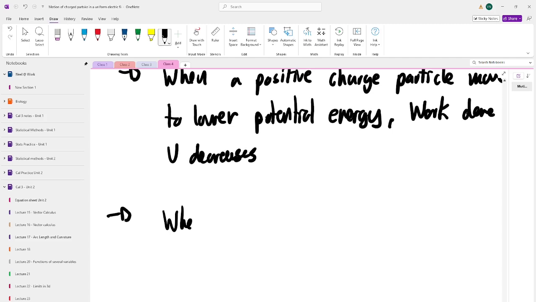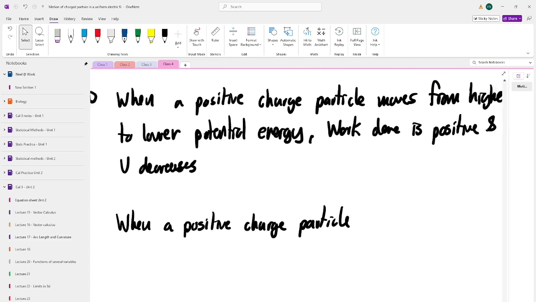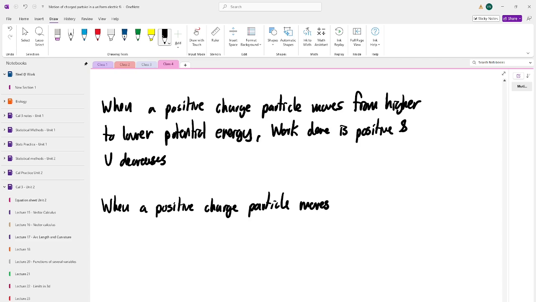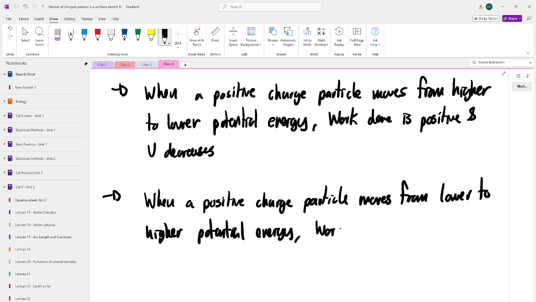So when a positive charged particle moves from lower to higher potential, the work done is negative and U increases.